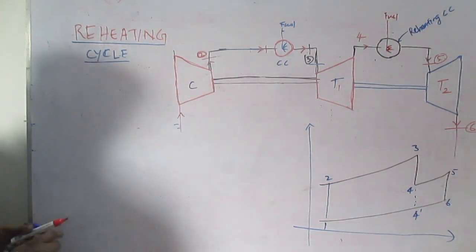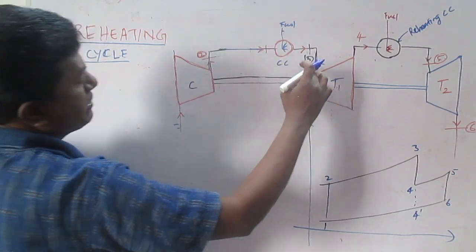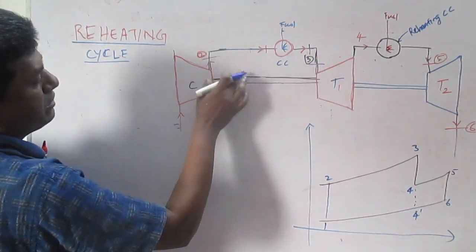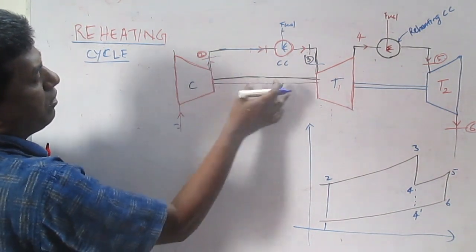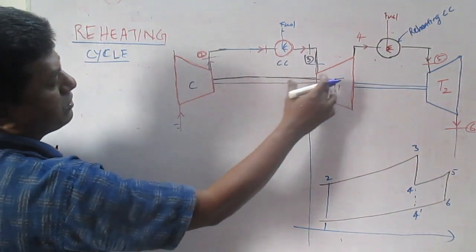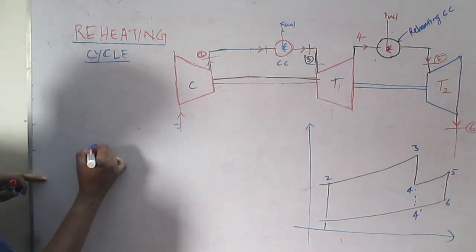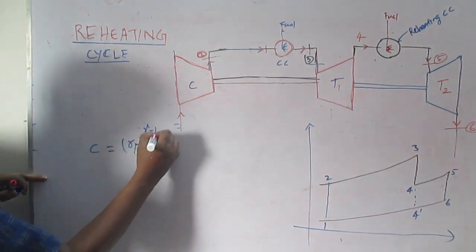Now in this, what we have to see is T5, specifically the pressure ratio, because the operating points for the first simple cycle have not been disturbed. So we have C equal to rp power (gamma minus 1) by gamma.